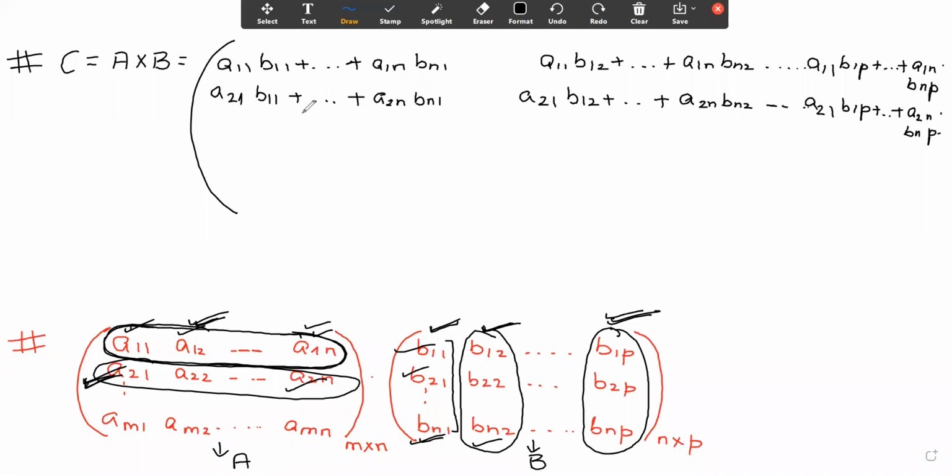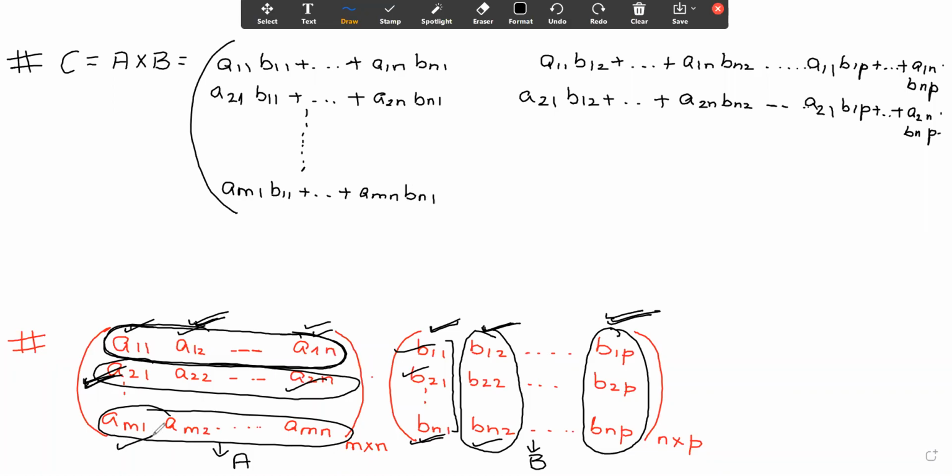And you can see I can continue with the last row multiplied by the first column. So Am1 times B11 plus Amn times Bn1.